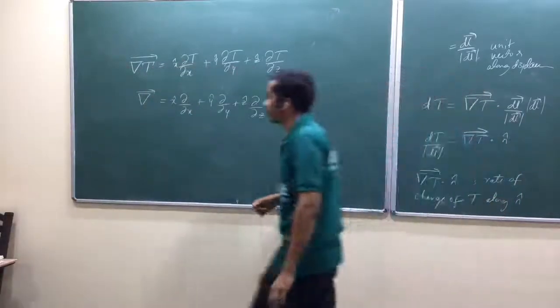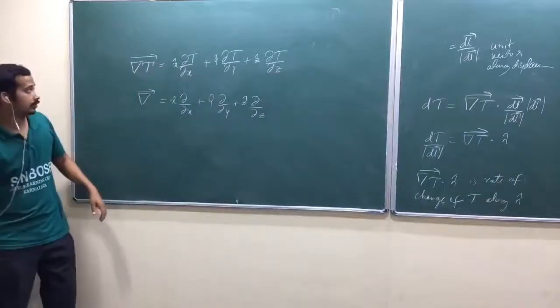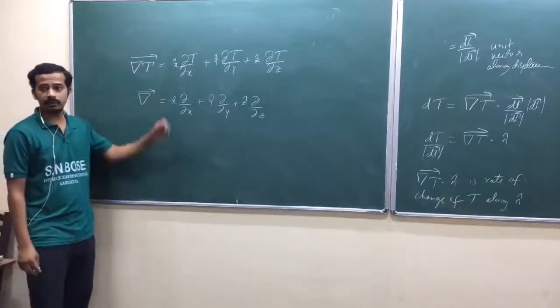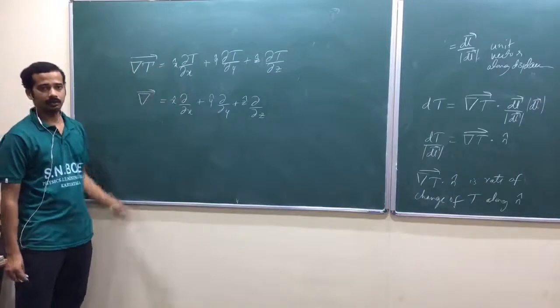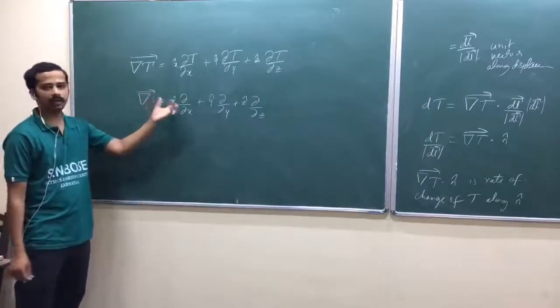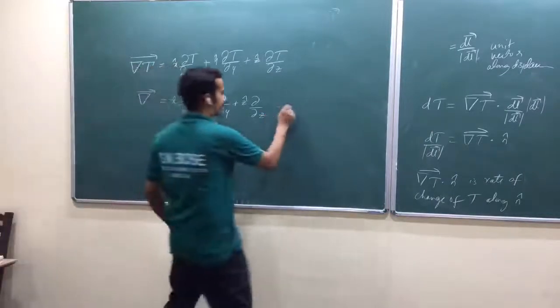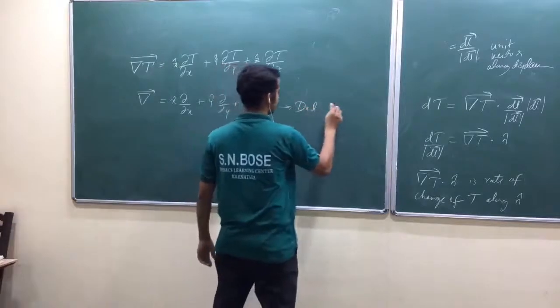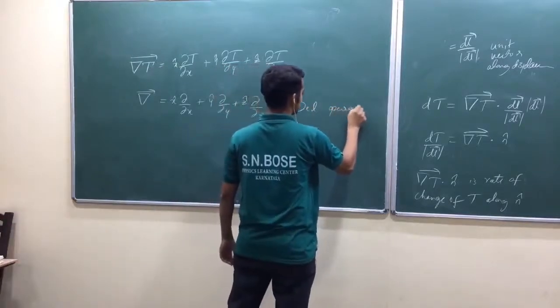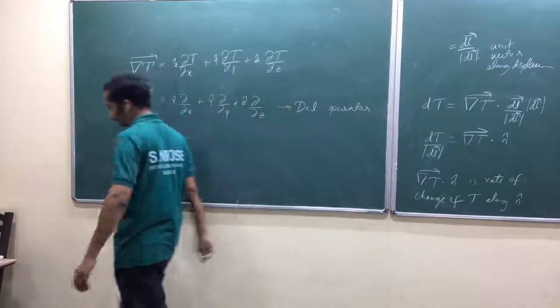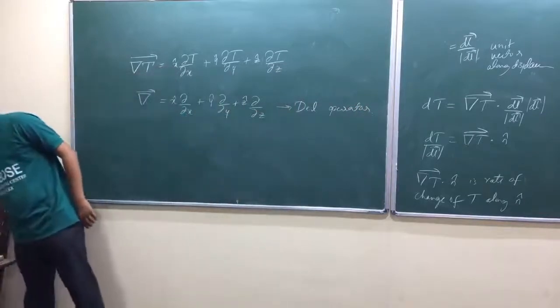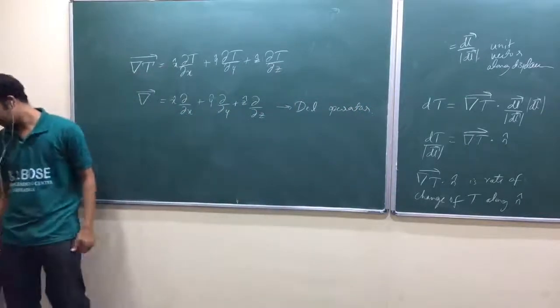The very first thing that we did here is the definition of gradient. From that definition of gradient, we are going to grab this operator, and we are going to call it the del operator.